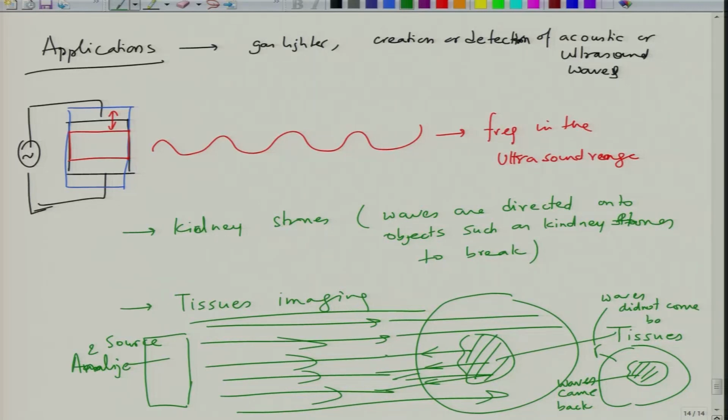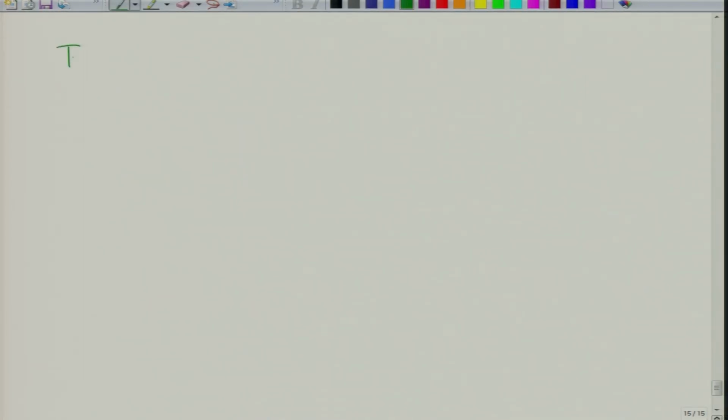So, this is how you can form the images by using image processing, and this can lead to imaging of tissues, babies and various internal organs in the body. So, this is a very important application of piezoelectric materials, both invasive as well as non-invasive methods. Similarly, piezoelectrics are also used for transduction.